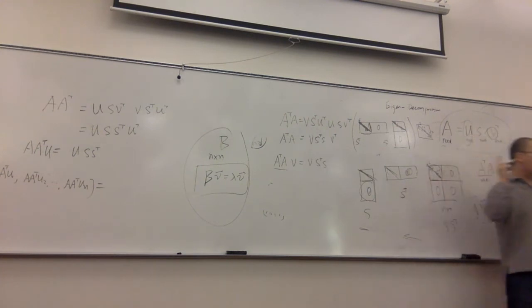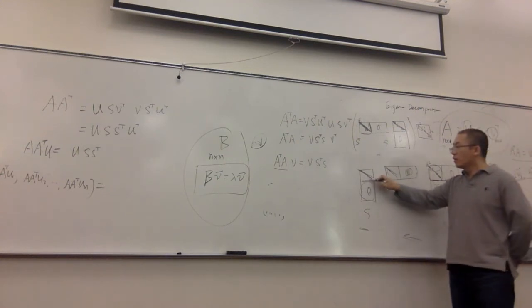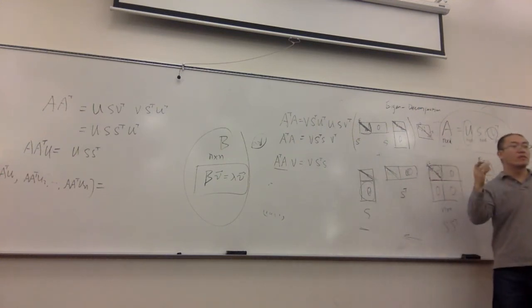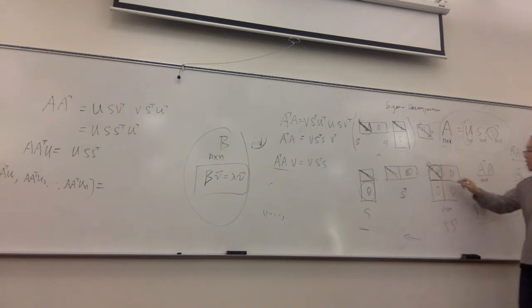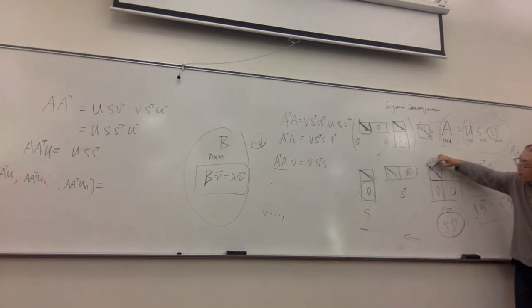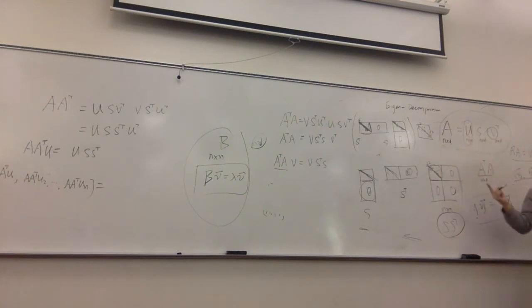Remember, if you are doing block matrix multiplication, as long as your partitions are consistent in terms of matrix shapes, you can follow the same matrix multiplication rule. So now we can say SS transpose is an n by n diagonal matrix, and the first r diagonal elements are the square of the singular values. The remaining part are simply 0.